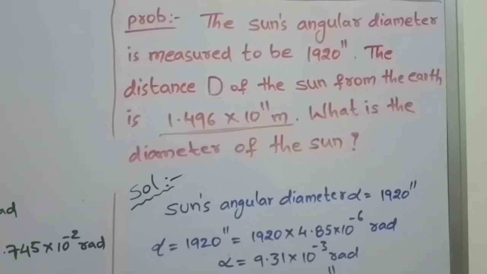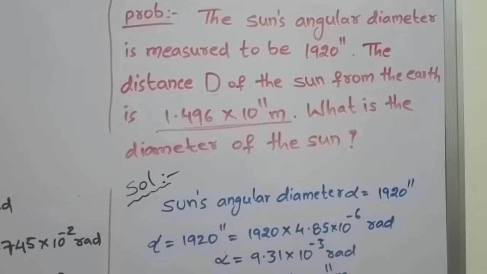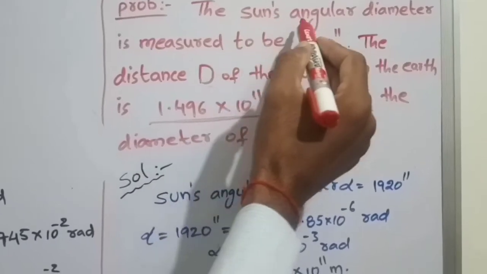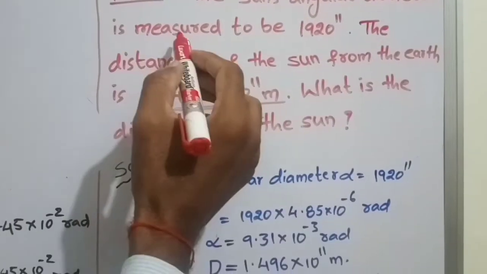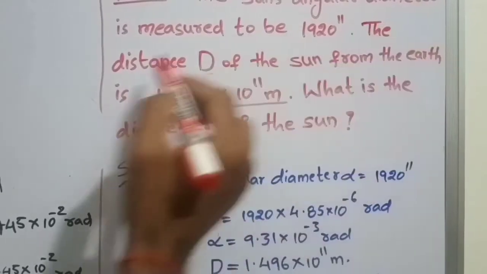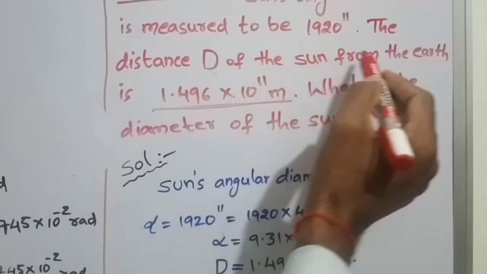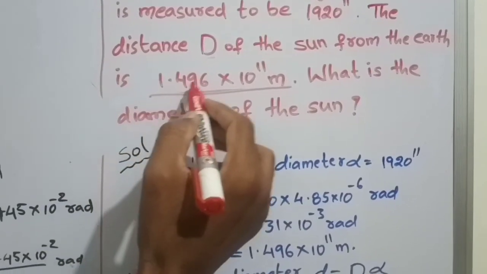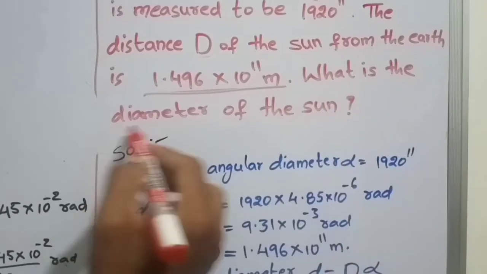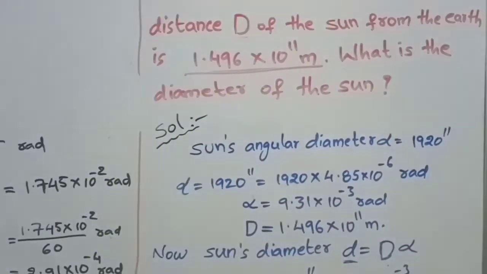Based on the parallax method, now we solve one problem. The problem is: the sun's angular diameter is measured to be 1920 seconds. The distance D of the sun from the Earth is 1.496 into 10 to the power of 11 meter. What is the diameter of the sun?